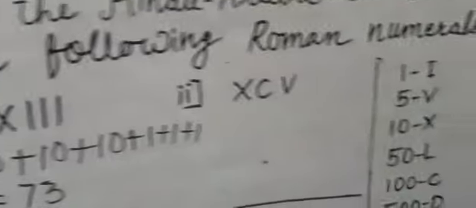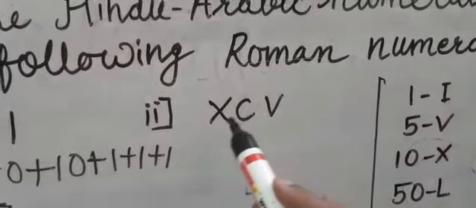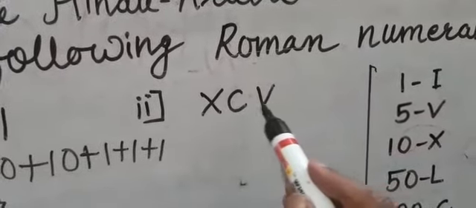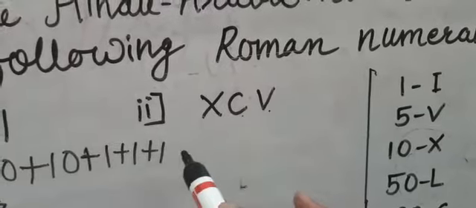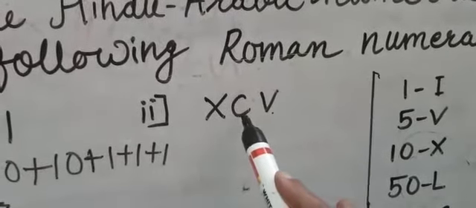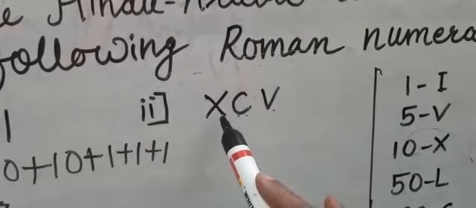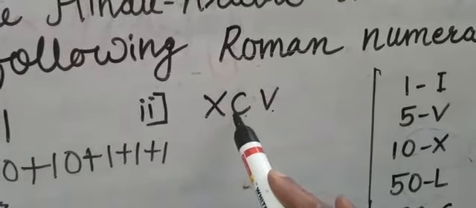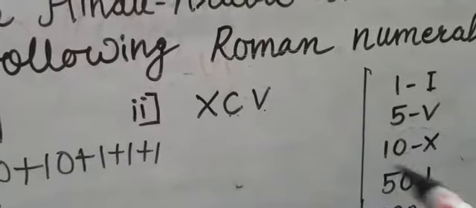Now we will see this example, XCV. Here the order is not the same. Here X is smaller, C is greater and V is again smaller. So you have seen the rule that if the smaller value is written before the greater value, we will subtract the smaller value from the number which is at the right hand side. The value of C is 100.